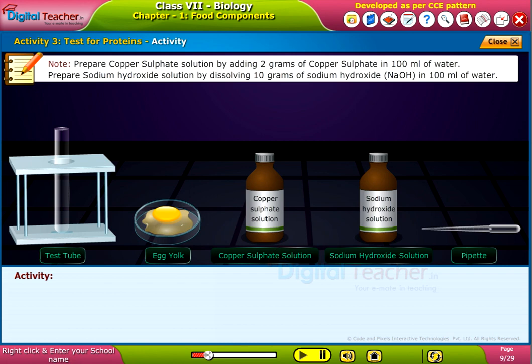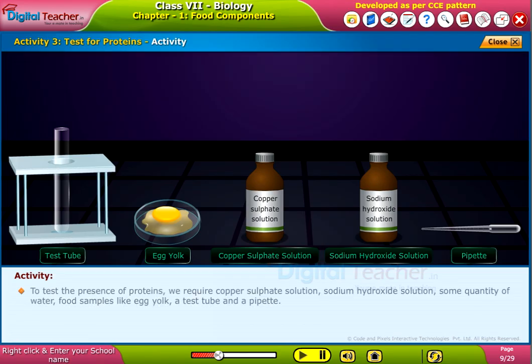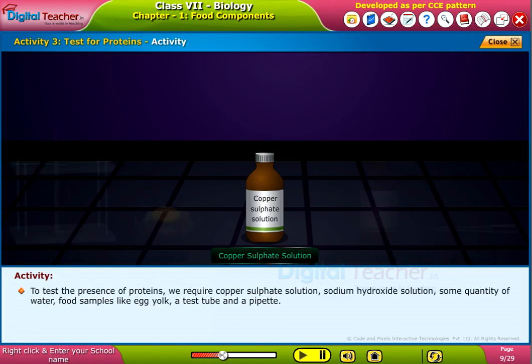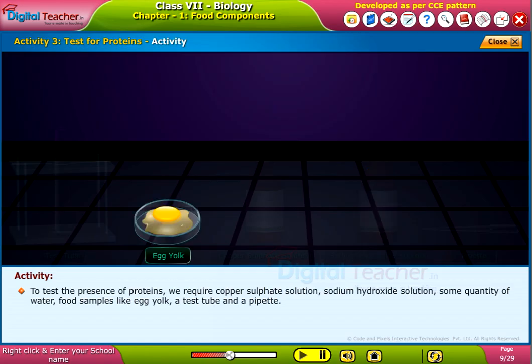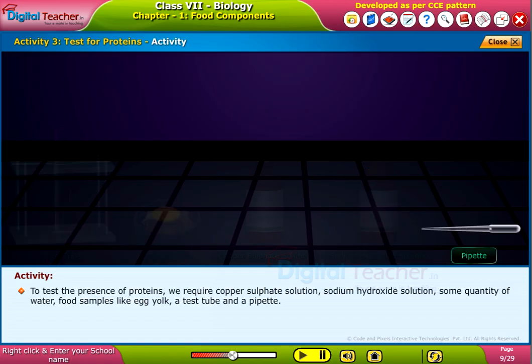Prepare sodium hydroxide solution by dissolving 10 grams of sodium hydroxide, NaOH, in 100 milliliters of water. To test the presence of proteins, we require copper sulfate solution, sodium hydroxide solution, some quantity of water, food samples like egg yolk, a test tube, and a pipette.